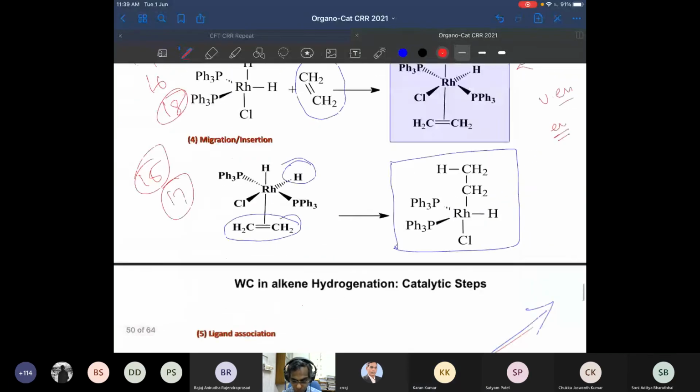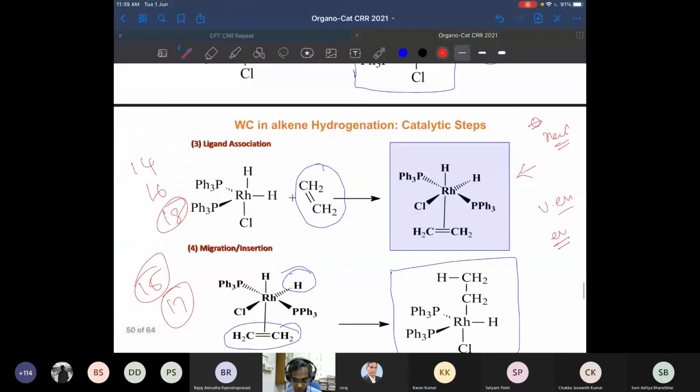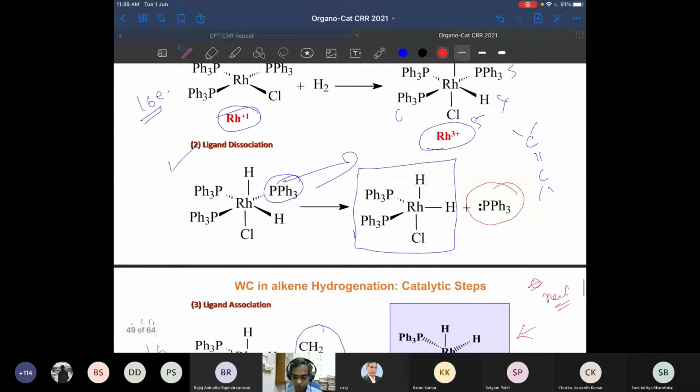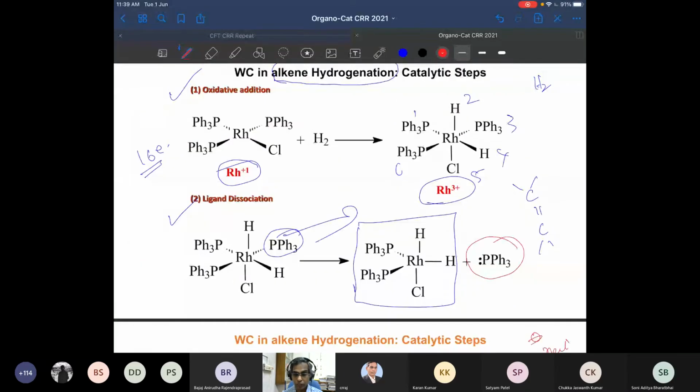Okay, I will bring another one. I will show you. See, look at the second step, the dissociation. This is mandatory for the association of your alkene complex. Yes or no? Answer me. Yes, sir. If I have an excess of triphenylphosphine, the equilibrium will be shifted to where?